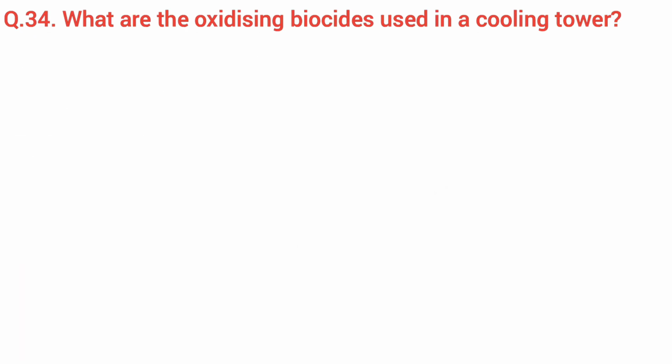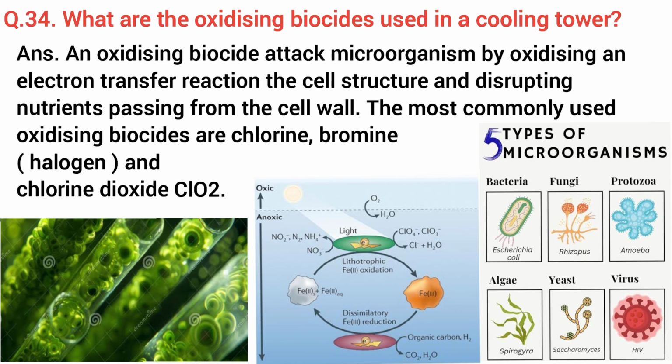What are the oxidizing biocides used in a cooling tower? An oxidizing biocide attacks microorganisms by oxidizing, an electron transfer reaction, the cell structure and disrupting nutrients passing from the cell wall. The most commonly used oxidizing biocides are chlorine, bromine, halogen and chlorine dioxide, ClO2.